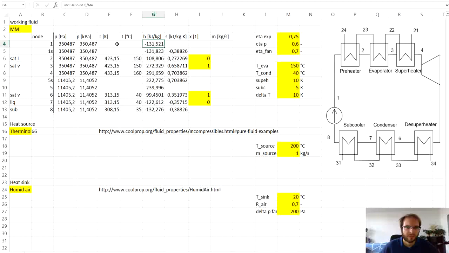Okay, and now at these points after the pump or expander, we have given the enthalpy, we have given the pressure, so we can use these two parameters to get the remaining ones, which will be entropy and temperature. So we will get the function for the entropy from here as a template.